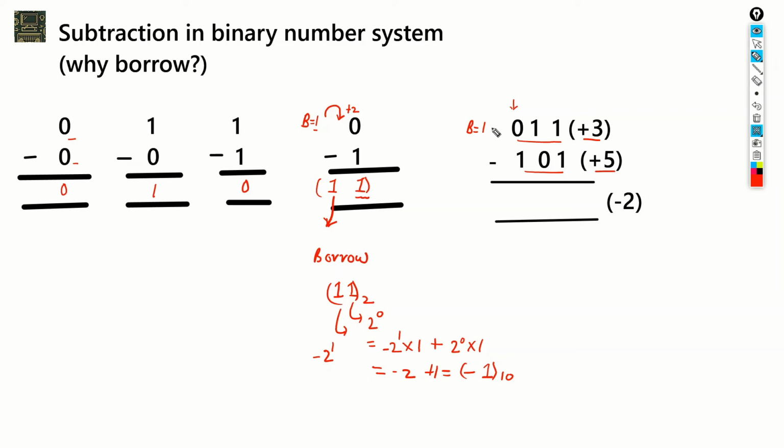Right. So when I take the borrow here, okay, now I start the subtraction from this point. 1 minus 1, this becomes 0. 1 minus 0, this becomes 1. 0 minus 1. So I need to take the borrow.